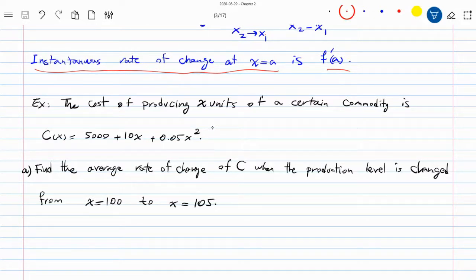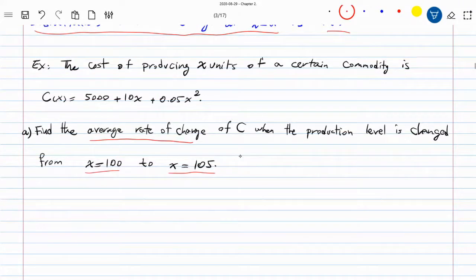What we want is to find the average rate of change in the cost function, when the level of production is changing from 100 units to 105 units. So there is a cost from 100 units to 105 units. We want to find out what is the average cost for those units that change.